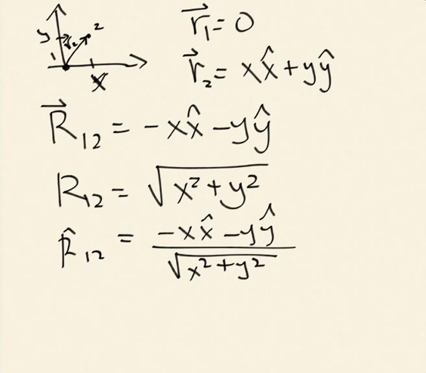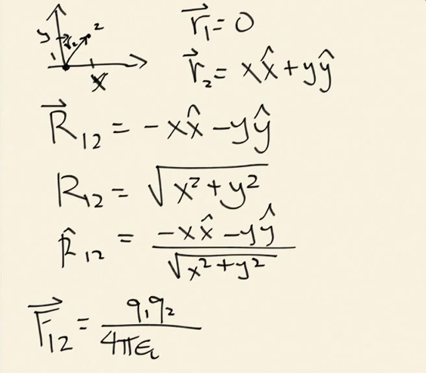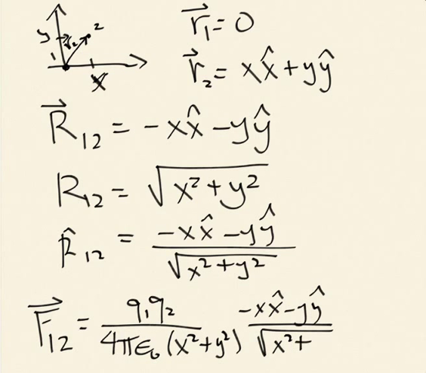And so if I write my force down for this situation, the force on particle 1 sitting at the origin, minding its own business, due to particle 2, I can write it as Q1 Q2 over 4 pi epsilon naught. Now, in the denominator I have R12 magnitude squared, which is just x squared plus y squared. And then I can write the unit vector here, which will be minus x x hat, minus y y hat, over the square root of x squared plus y squared.